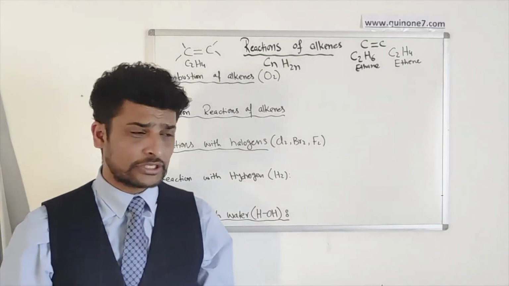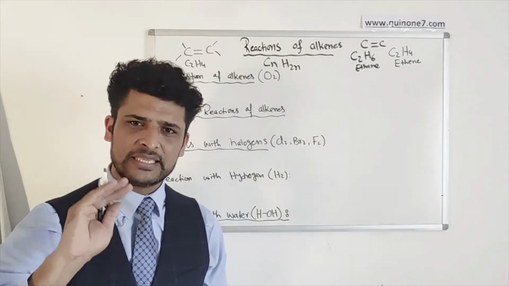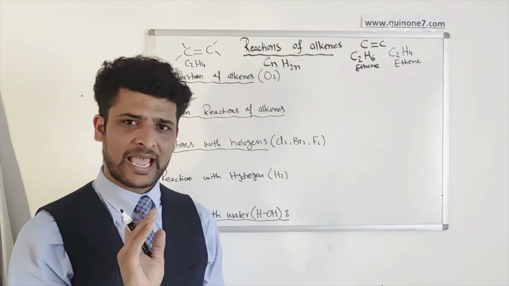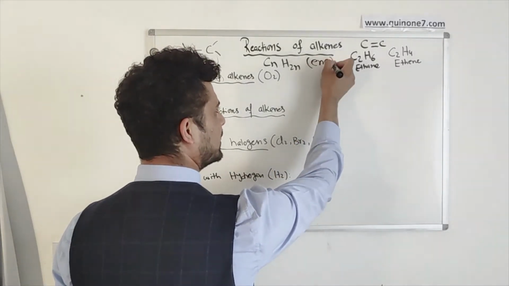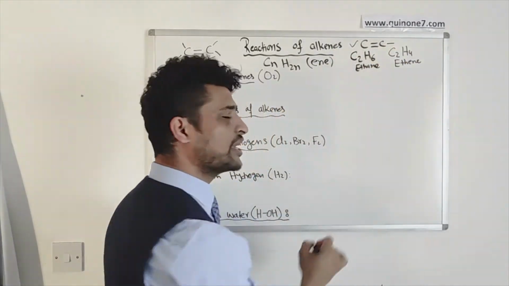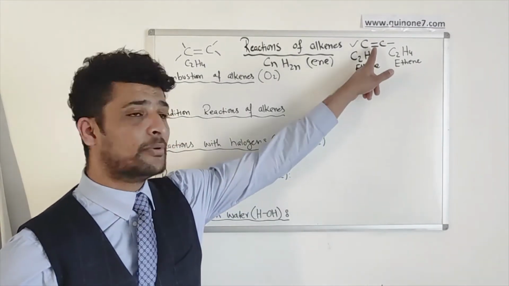Now, one of the main things we need to learn is the homologous series. All these, ethene, butene, propene, as long as they end with -ene, have a carbon to carbon double bond. The identification of the alkenes is that they have a functional group, which is the carbon to carbon double bond.